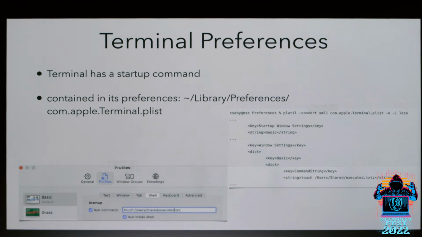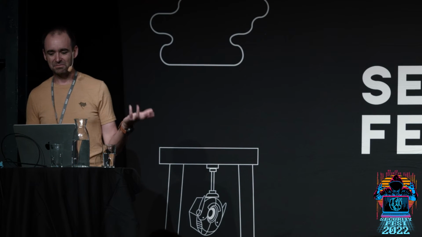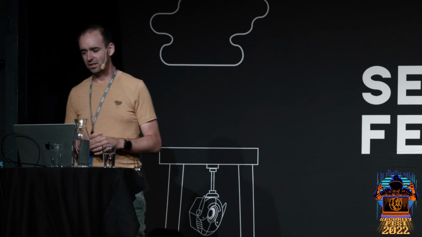This configuration is stored in Terminal's preferences file, which is in the Library Preferences directory. It's a plist. Plist is a property list on macOS. Basically, it's a configuration file. It can be either displayed or stored as a binary format or in XML format.